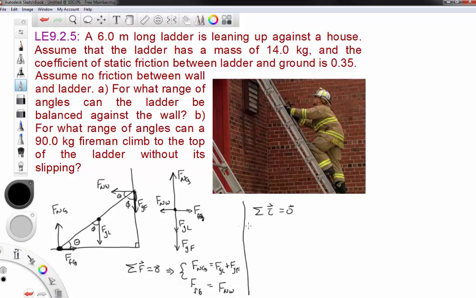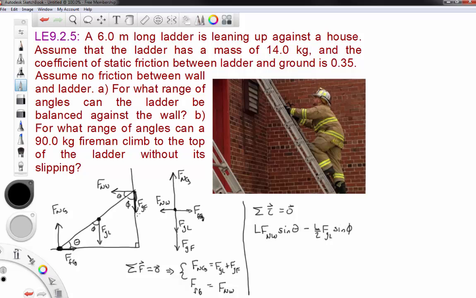So this equation now basically says that the torque from the normal force on the wall, which is like this, times the sine of theta, minus the torque from the ladder's weight, which is basically L/2 times weight of ladder times the sine of phi.